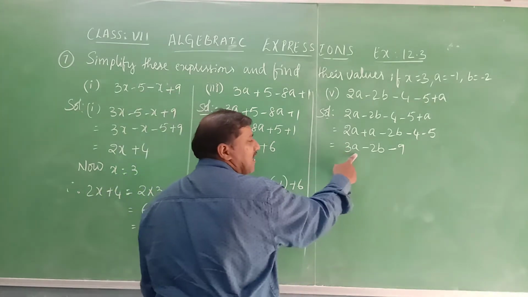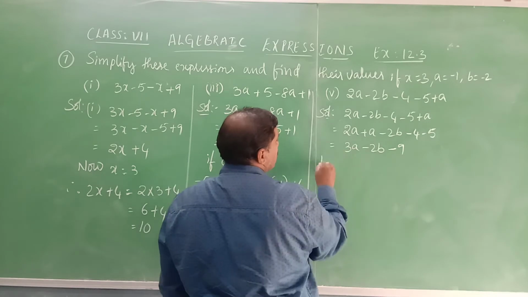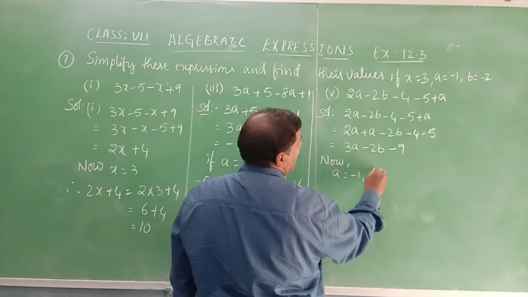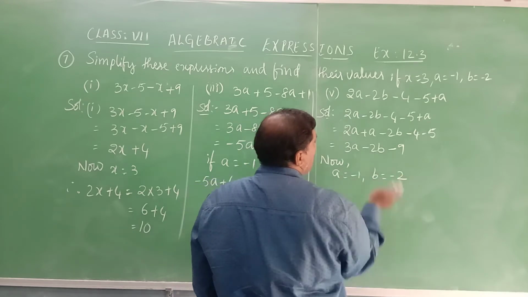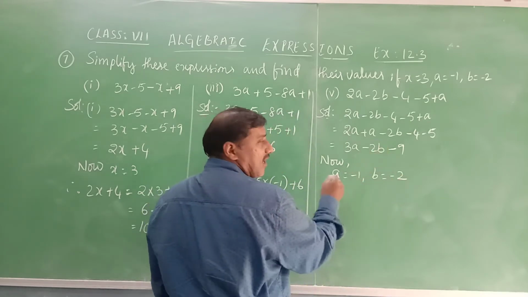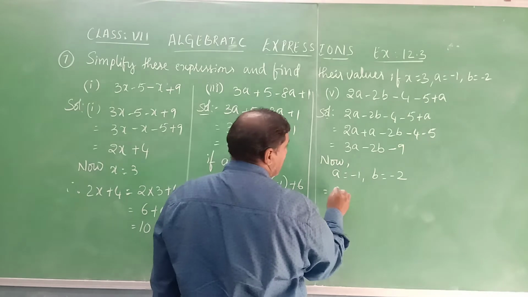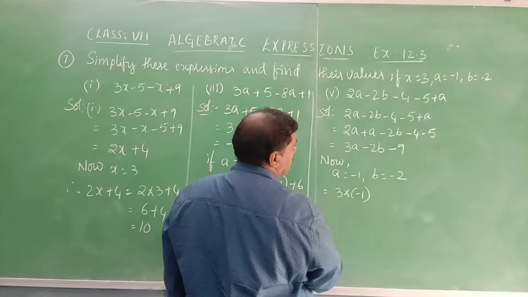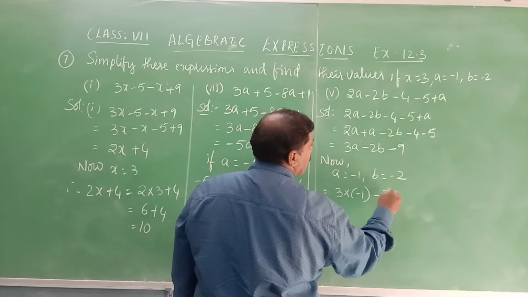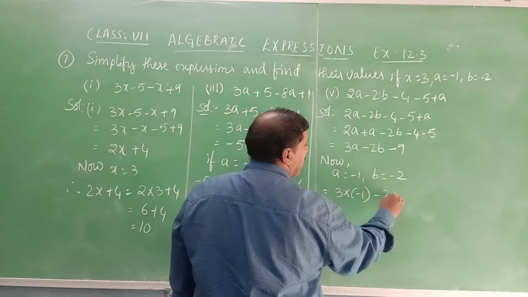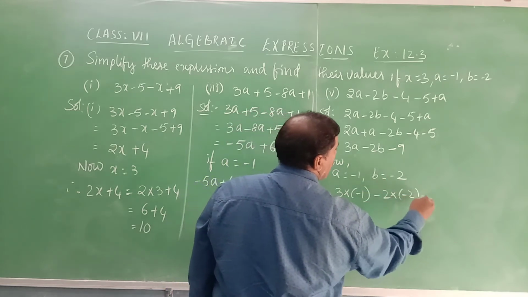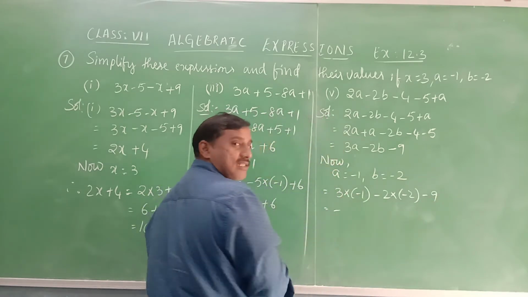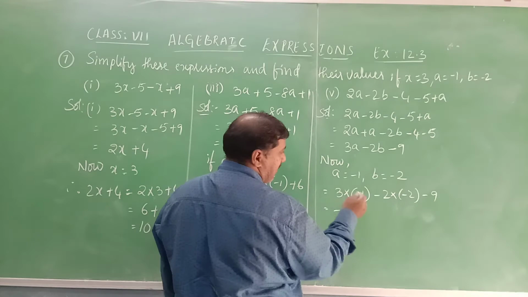Now here two variables are there, a and b. What are the values? a is minus 1 and b is minus 2. Now substitute in that and simplify, we get its value. 3a means 3 into a, that is 3 into minus 1. Minus 2b means minus 2 into b, b is minus 2, minus 9. Now plus into minus, minus 3 into 1 is 3.